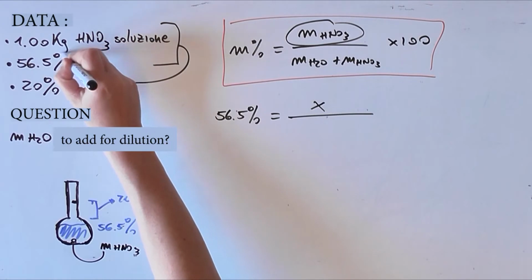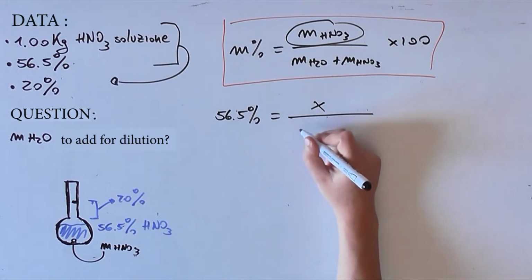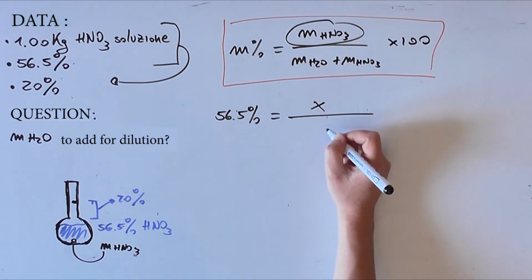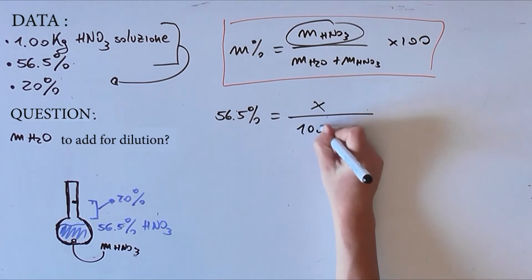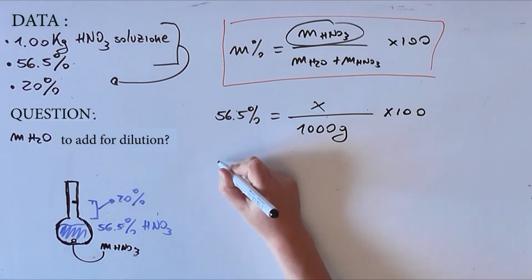Oh, sorry, here is not written very well. I need 1 kilo, so here I will write 1000 grams because it's better to use grams in this case. So 1000 grams and not kilos, times 100.